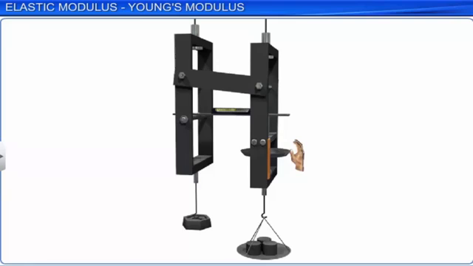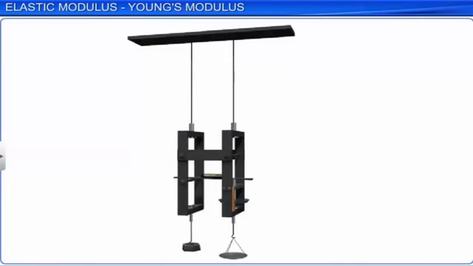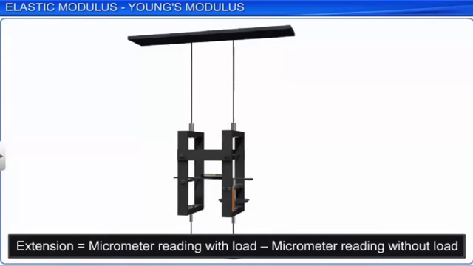It is a straight line for low values of strain. Young's modulus is calculated using the expression for Y. The ratio of force F to extension delta L is calculated from the extension load graph, and the values of L and A are substituted. In this experimental method, tensile forces were used to determine Young's modulus.